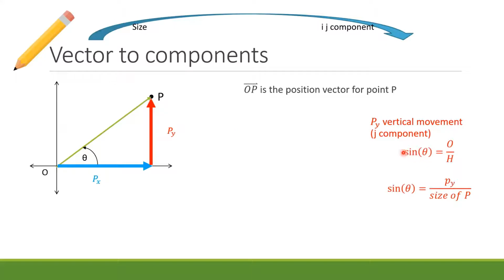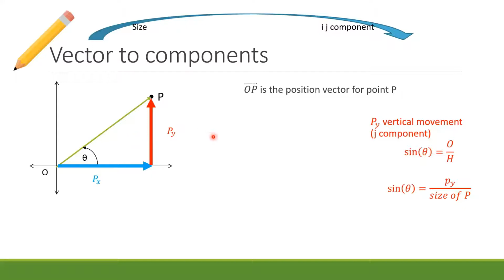Sine theta, so the sine of the angle, is equal to the opposite side, which is this side here, opposite the angle, over the hypotenuse. The hypotenuse of the angle is this here. Now, we don't know what P of X is, so that's why we're not using tan. We can't use tan because we have no idea.